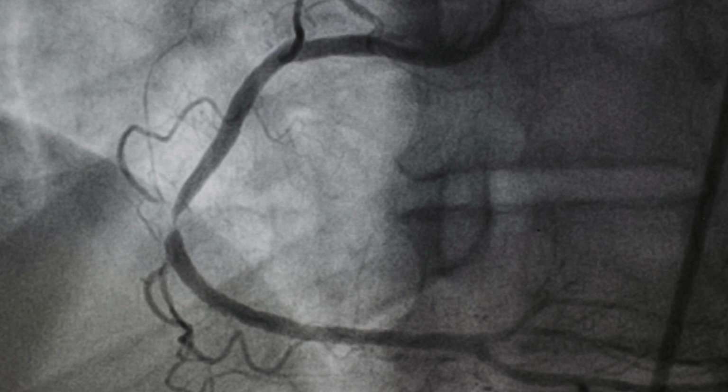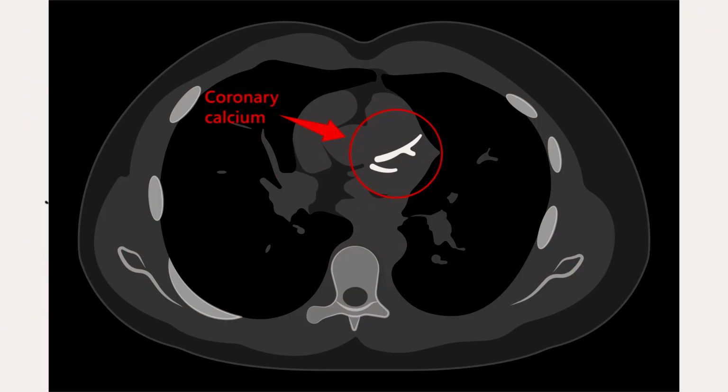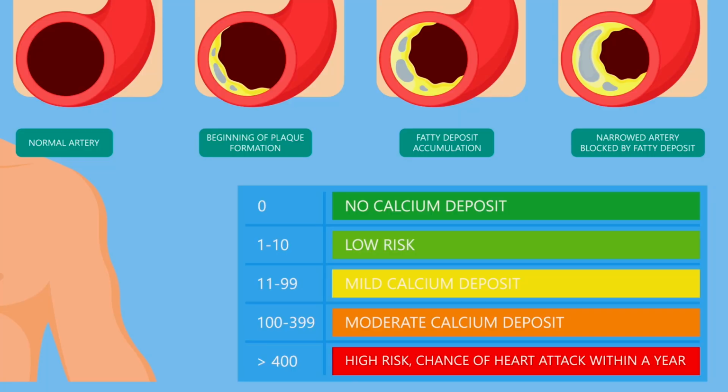So you can see that a CT coronary calcium score gives us an idea of the amount of calcium that's been deposited in your heart arteries as a result of atheromatous disease, which has probably been going on for quite some time for that calcium to be present. And if you've got minor calcium deposition, you'll have a low score.